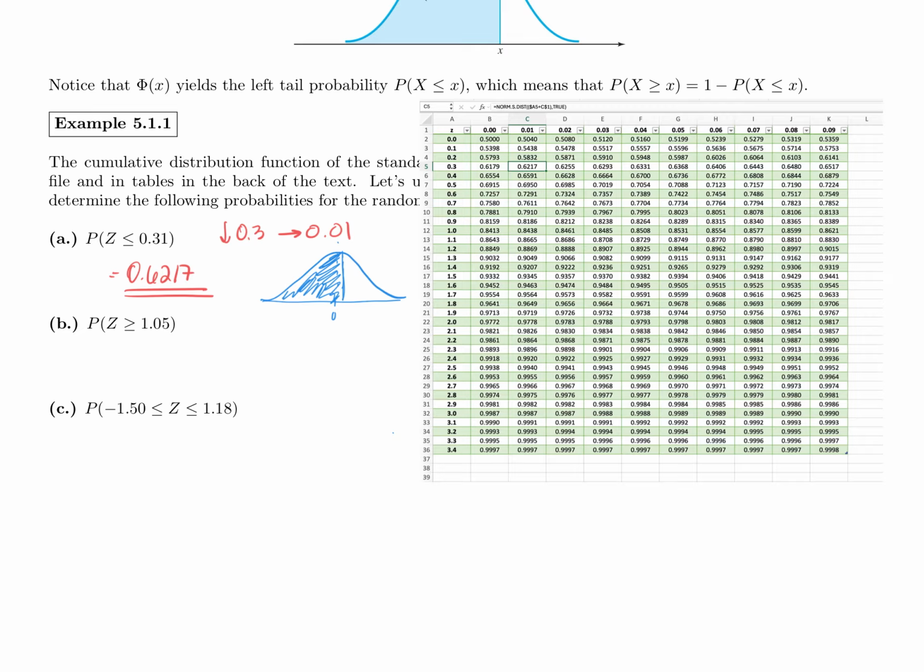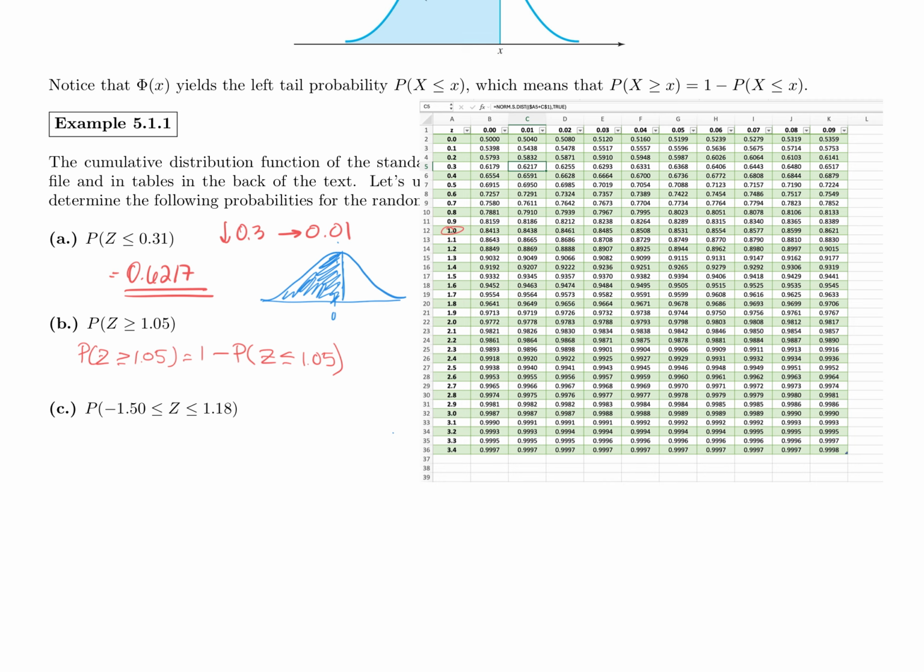But if we look at the second one where it says, what is the probability that Z is greater than or equal to 1.05? Well, remember that the probability that Z is greater than or equal to 1.05 is the same as 1 minus the probability that Z is less than or equal to 1.05. So we need to find 1.0, and then we'll move over to 0, 1, 2, 3, 4, 5.